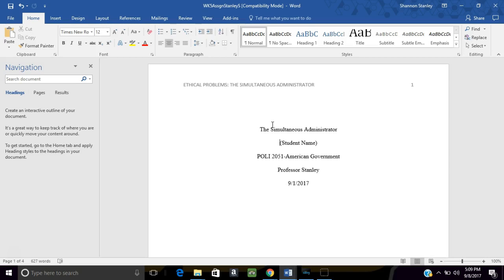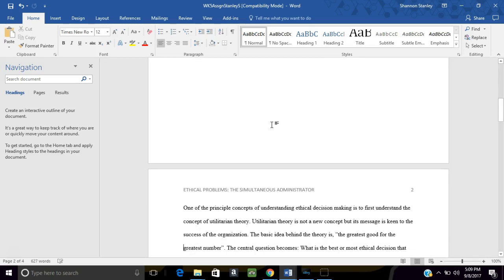When I say 2 to 3 pages, there's not a whole lot of information you can put in 2 to 3 pages. But you can answer some very basic questions that the book asks and that I ask of you. And you can see that the formatting here allows you to do that.